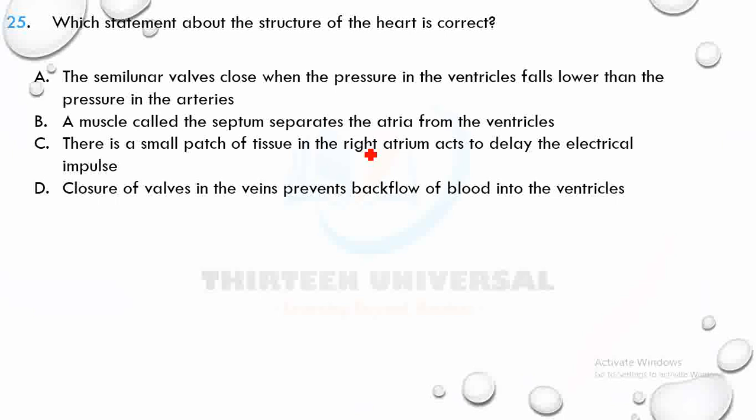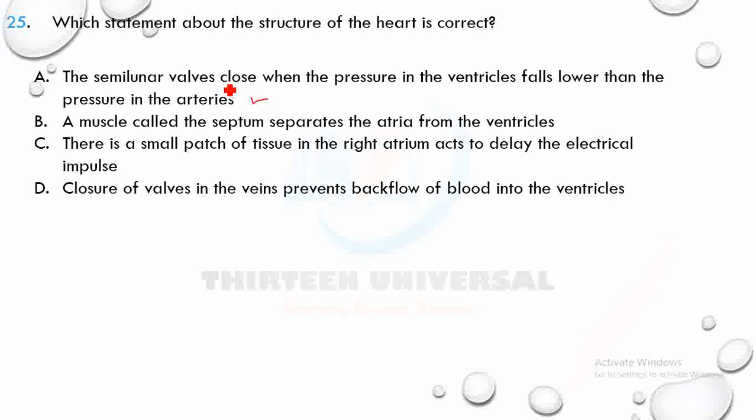So which statement about the structure of the heart is correct? The semilunar valves close when the pressure in the ventricles falls. Pause the video and try it. The semilunar valve closes when the pressure in the ventricle falls lower than the pressure in the artery. That's correct, so that the blood does not flow from the arteries back to the ventricles.